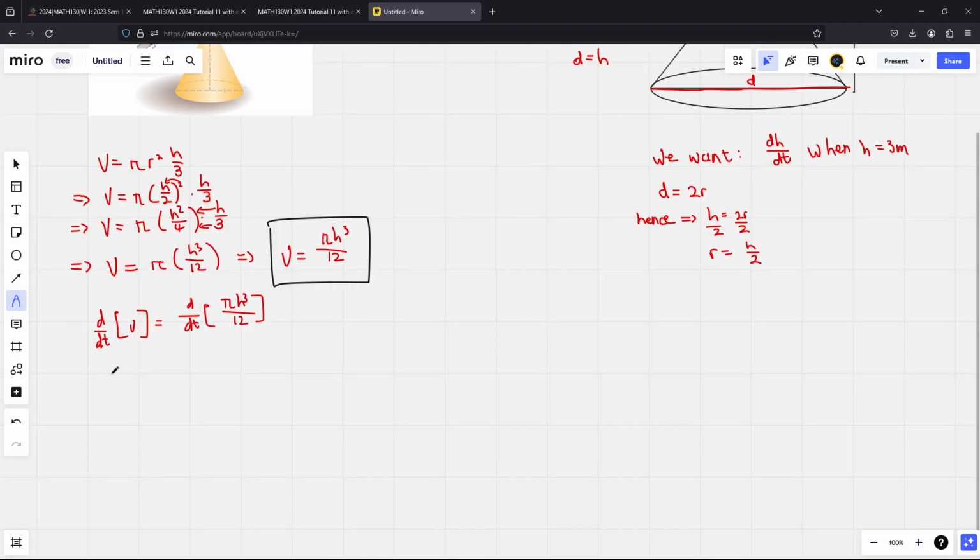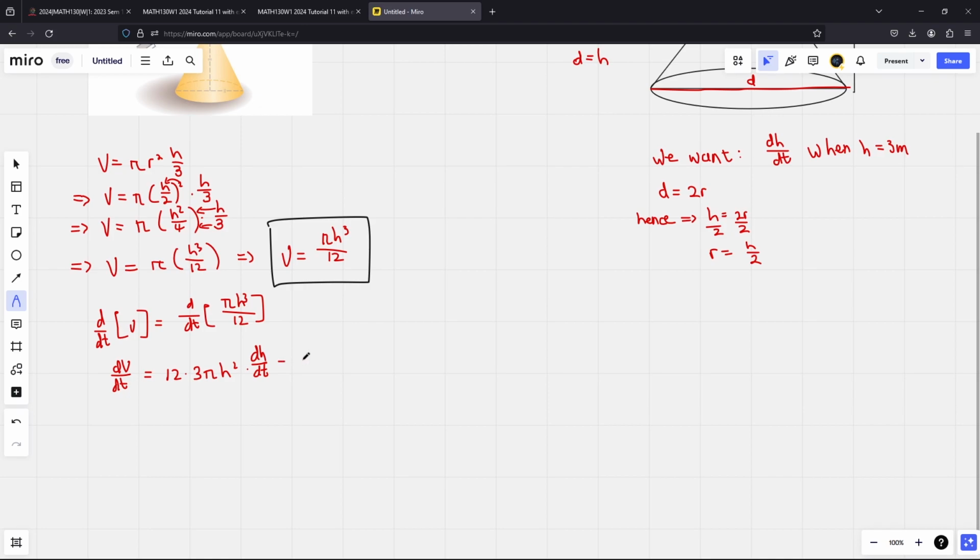So let's take the derivative of both sides. dV/dt is going to be equal to, by quotient rule, 12 multiplied by 3 pi h squared dh/dt, and this is just implicit differentiation and quotient rule combined.